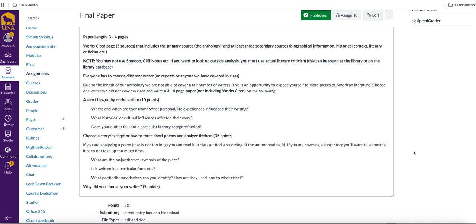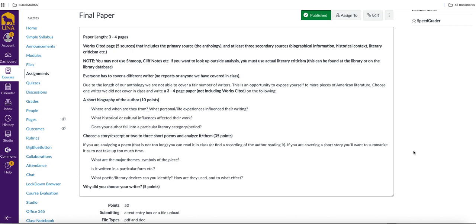Think about Mary Oliver, always kind of writing about nature, and how we are much more connected to it than we like to admit or choose to admit. Those types of things. Literary devices, poetic devices that you can identify, etc. How do those things inform the author's work?